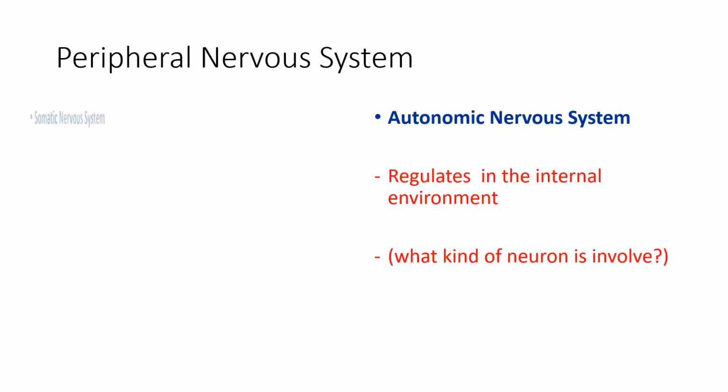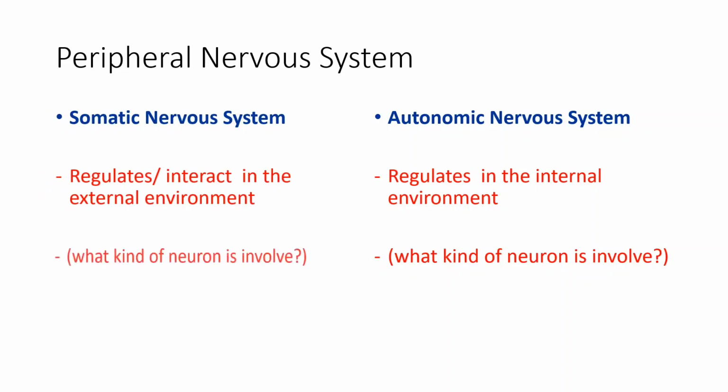Under peripheral nervous system, we have the somatic nervous system and autonomic nervous system. Yung somatic nervous system, nagre-regulate or interact in the external environment. So, somatic nervous system, pag sinabi nating external environment, ito yung anything outside the body. Pag sinabi naman natin internal environment, anything within the body.